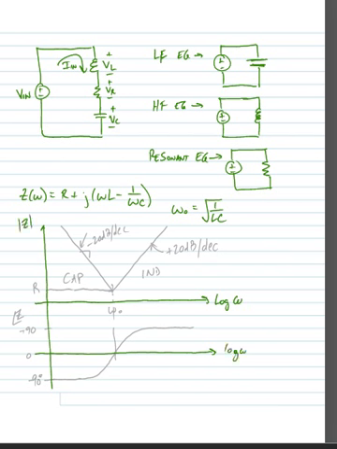so here's our magnitude. We would see that at low frequencies, the capacitor dominates, and as we increase the frequency, the impedance would reduce until we got to our resonant frequency. As we go above our resonant frequency, the inductor would dominate, and the impedance would increase. So over here, the circuit looks capacitive.